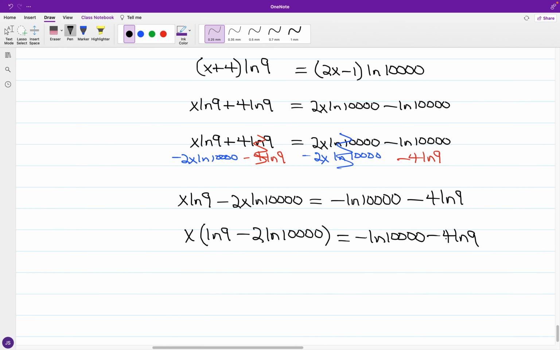Now looking at isolating x, I'm going to divide the right hand side by this difference on the left.